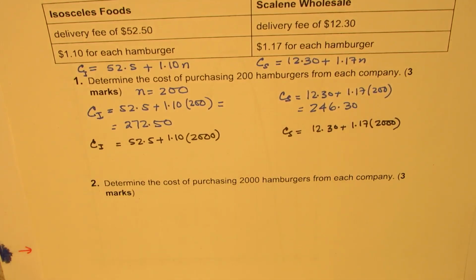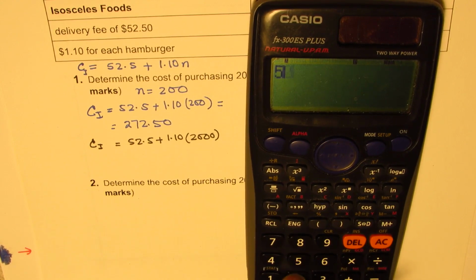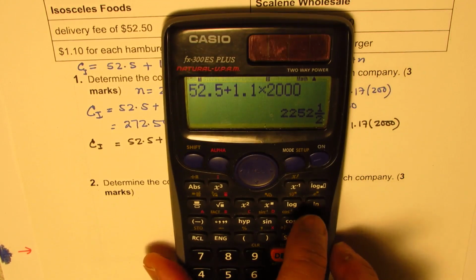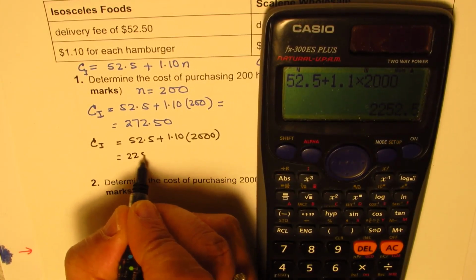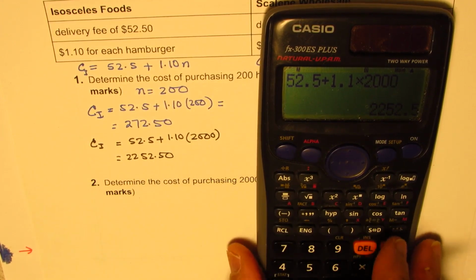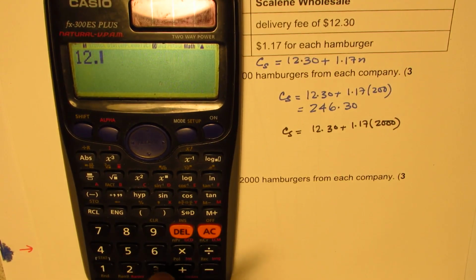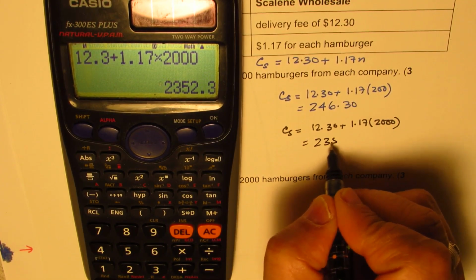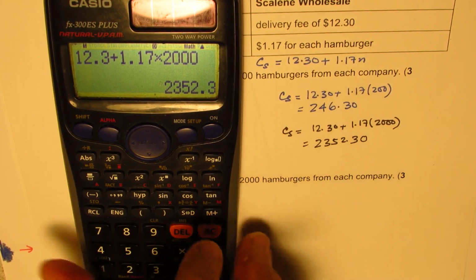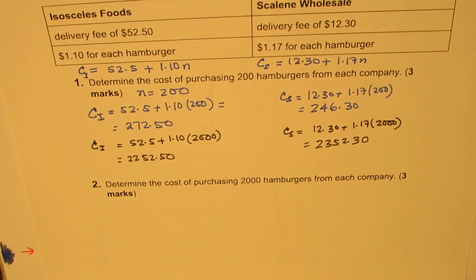So 52.5 plus 1.1 times 2,000 is the decimal value 2252.50. And here we get 12.30 plus 1.17 times 2,000, which in decimals is 2352.30. Right. So those are the costs.